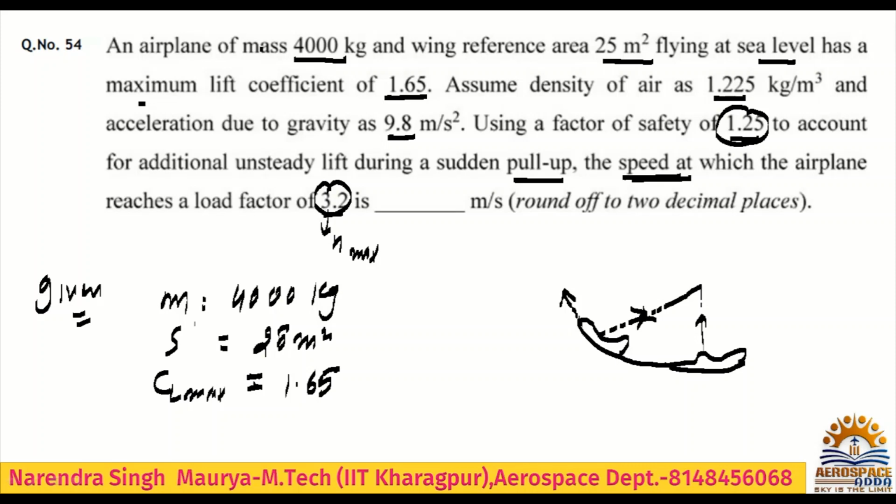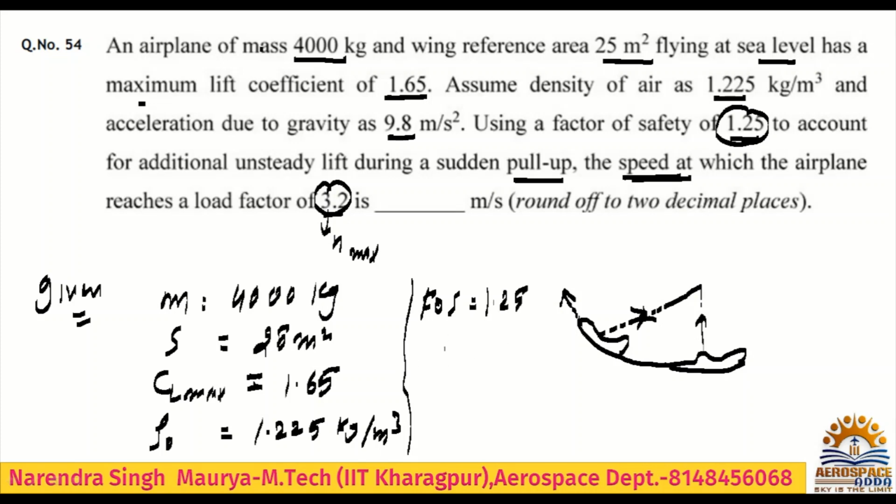Here we'll see according to the condition. Sea level density, denoted by rho naught, 1.225 kg per meter cube. Factor of safety they have given, how much, 1.25. And n max, which is nothing but maximum load factor, they have given 3.2. They're asking speed, so speed v they are asking.